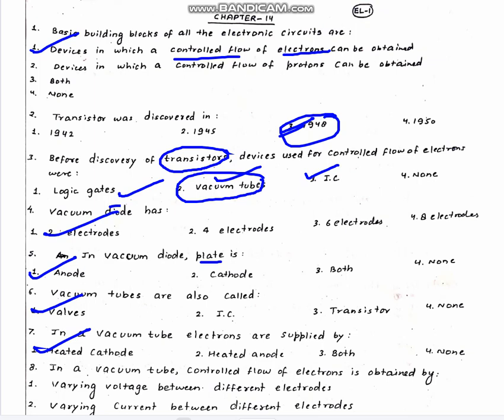So first one will be correct. Next is in a vacuum tube, controlled flow of electrons is obtained by varying voltage between different electrodes or varying current between different electrodes. It was varying voltage between different electrodes. First one will be correct over here.